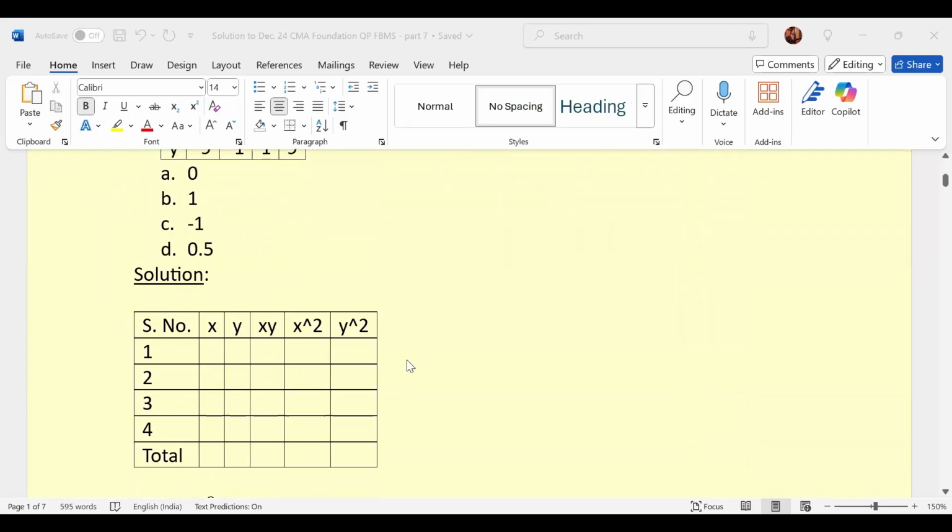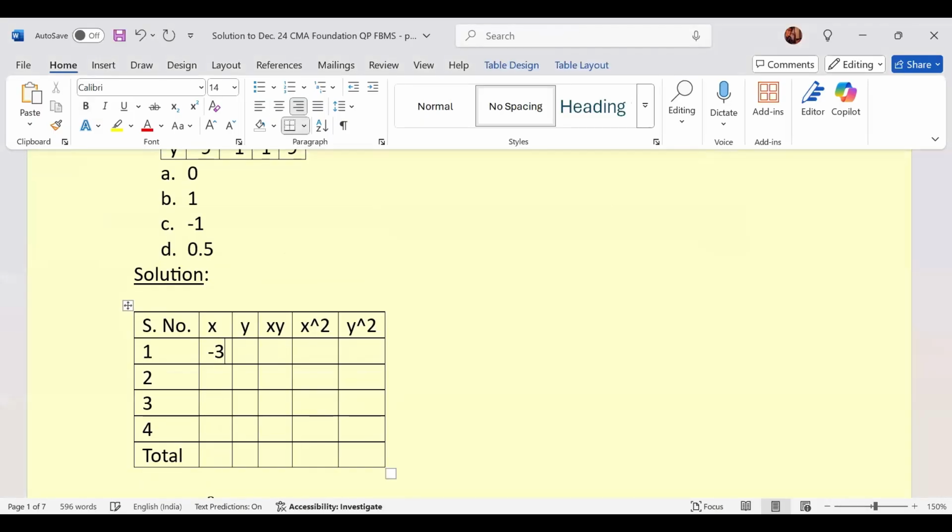So I made a table here where we will key in the data. X values are -3, -1, +1, +3. Y values are 9, 1, 1, and 9. So we have now x into y, which is -27, -1, 1, and 27.